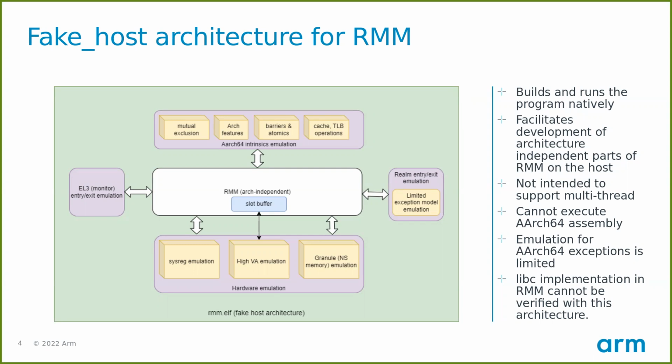Probably I can answer. The hardware emulation layer is emulating the system registers and the MMU aspects. So it's effectively the hardware IP, whereas the intrinsic emulation is the instructions themselves. For example, the barriers, the DSBs, the data cache operations, the TLBIs. So the instructions themselves are being emulated.